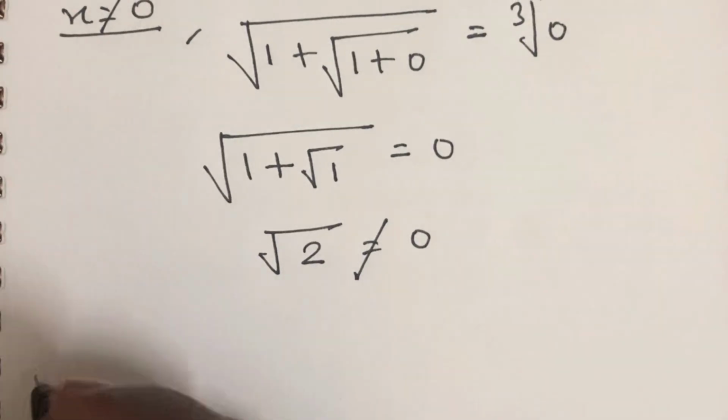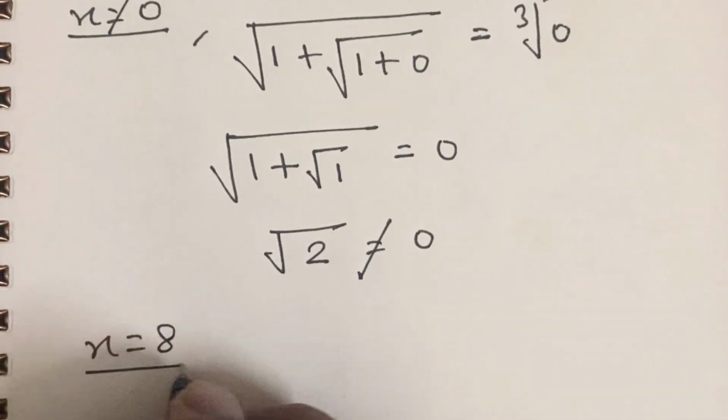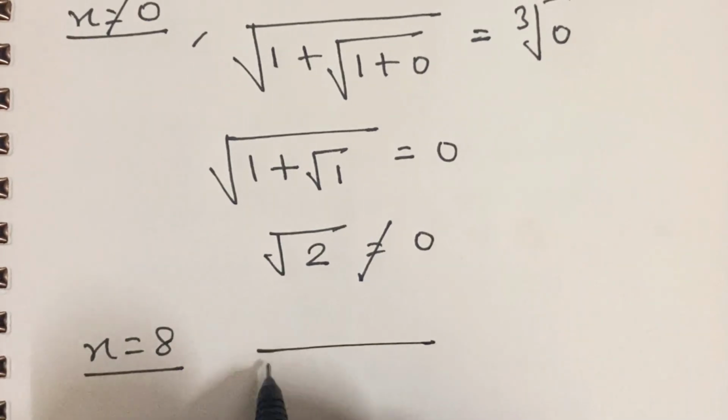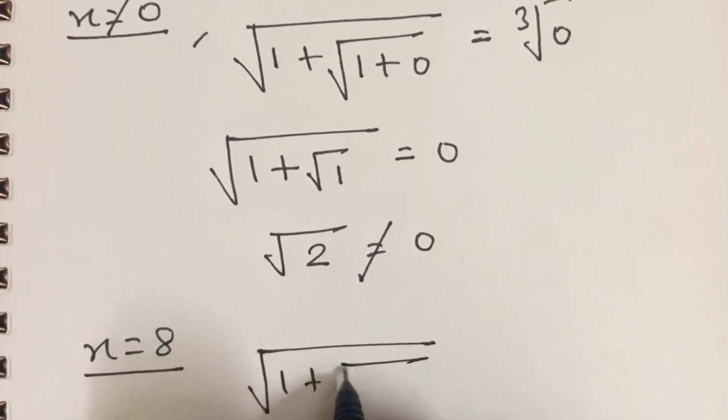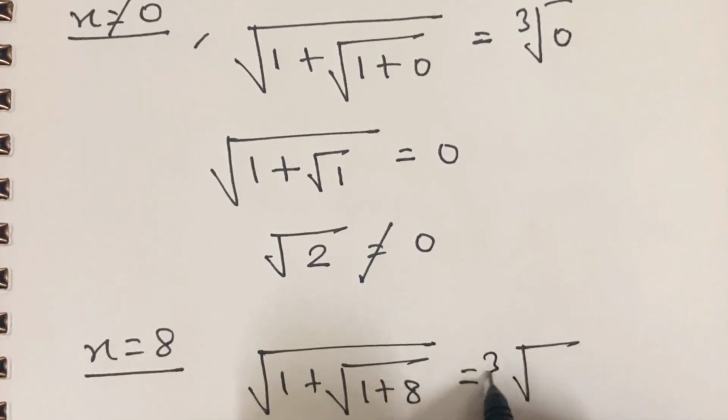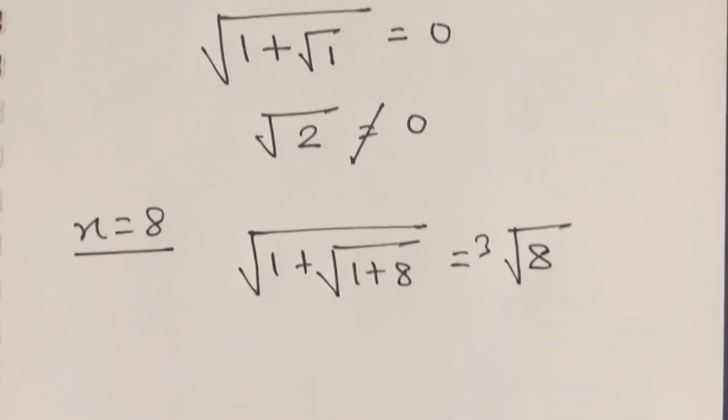Now check x equals 8. So at x equals 8, our equation will be 1 plus square root of 1 plus 8 equals cube root of 8.